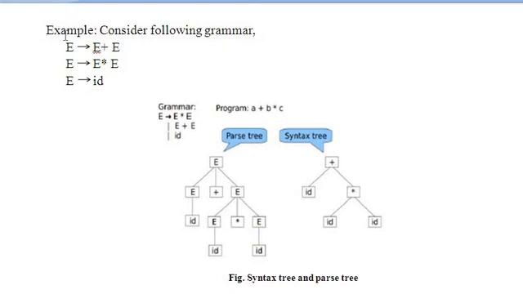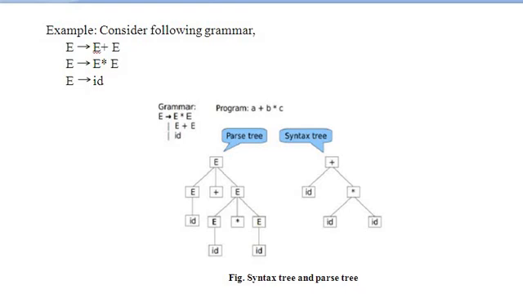Your syntax tree would be ID plus ID into ID. Here, between plus and star, the priority of star is higher than plus. So first draw ID into ID. The result of ID into ID is added with this ID. Here this ID represents your A, this ID represents your B, and this ID represents your C.